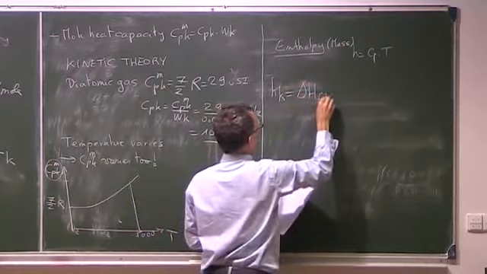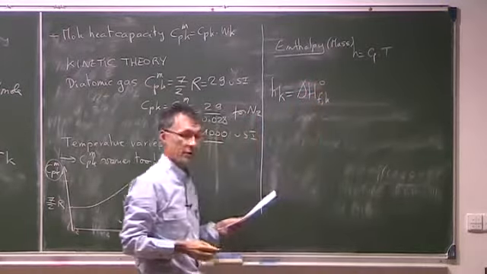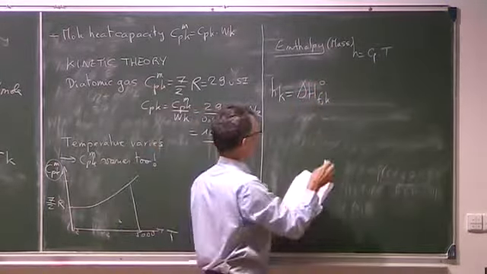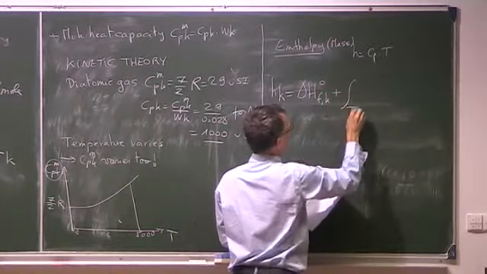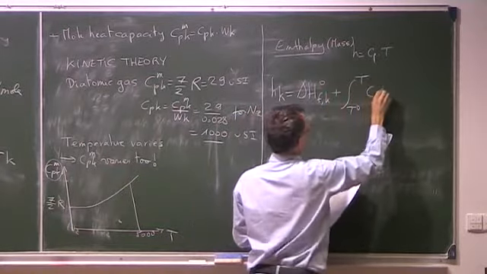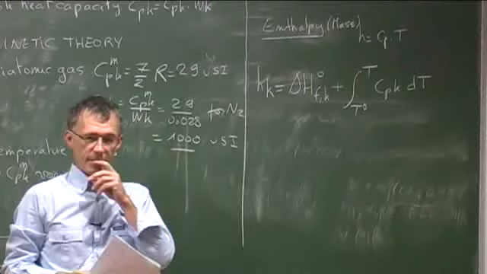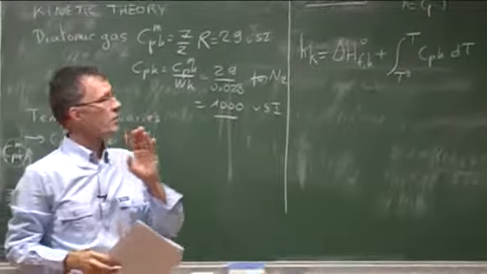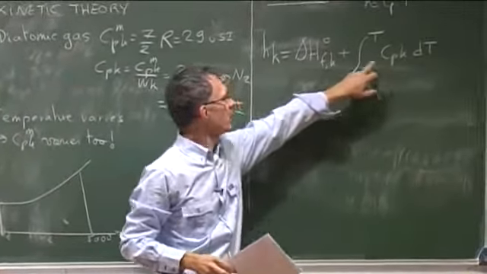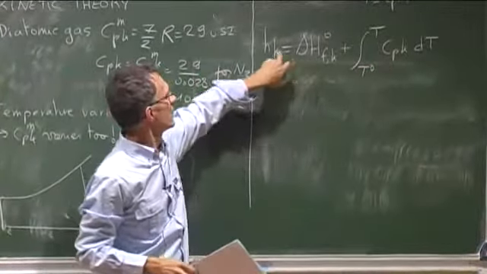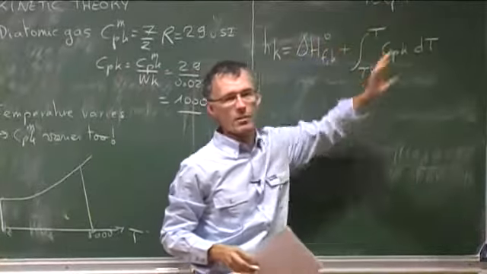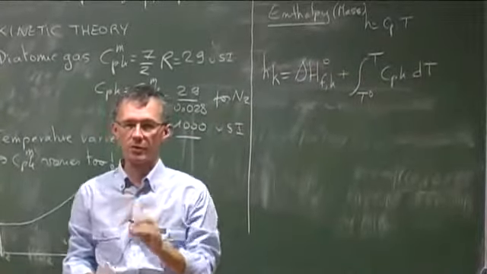Delta HFK0. Yeah, I know it's unpleasant at the beginning, but you will get used to it. Plus integral of T naught to T of CPK dt. Okay, if CPK is constant, then you find HK equals Cp multiplied by the temperature. Okay, you're back to what you've done before.